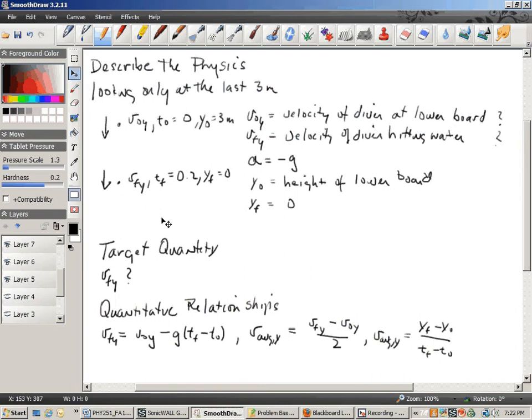We also have another relationship: the average velocity in the y direction between the lower board and the water is the velocity of the diver at the lower board plus the velocity of the diver hitting the water, over 2. That should be plus.